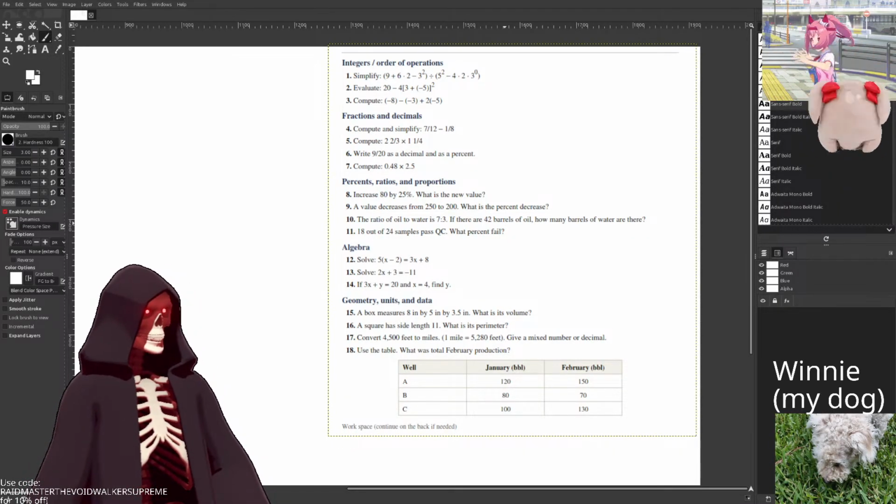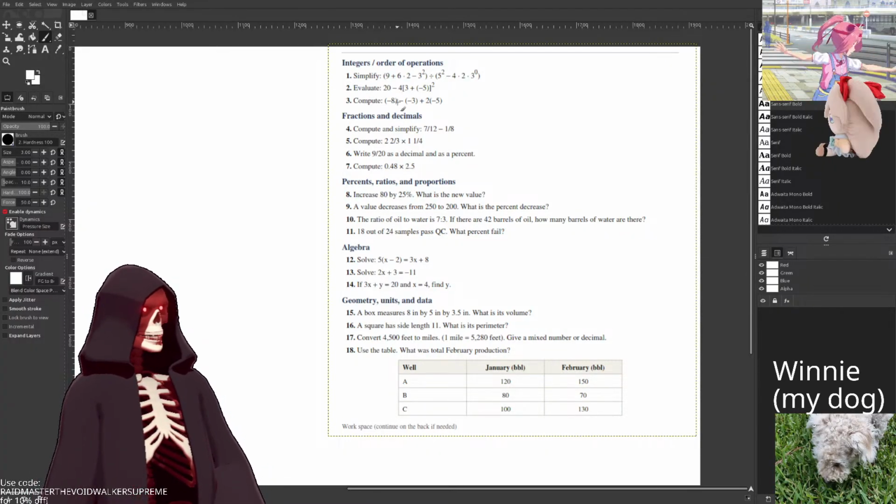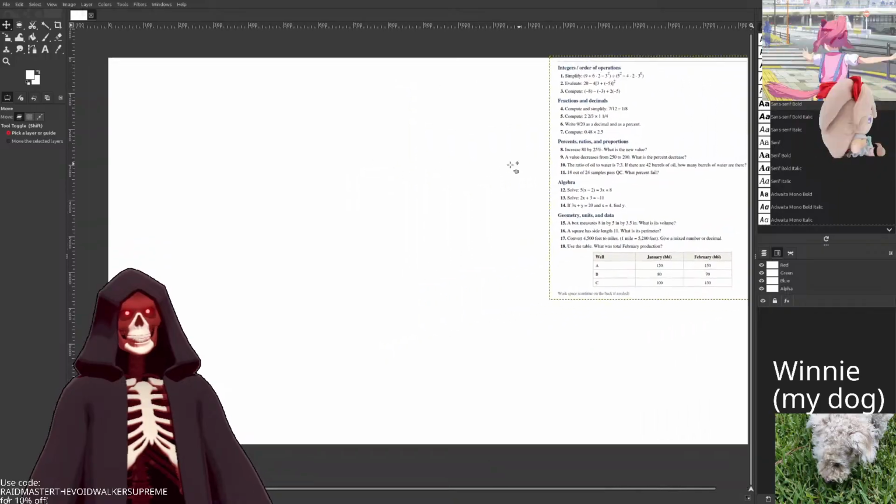Okay. Let's see. Kind of do want to zoom out, actually.